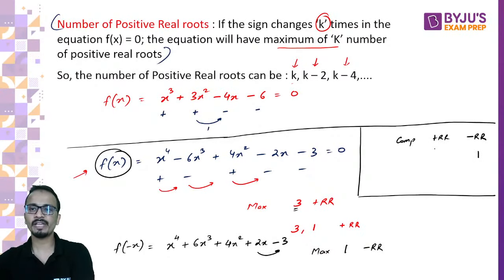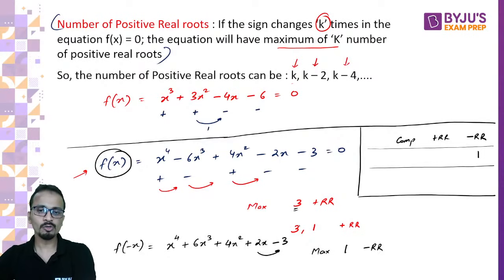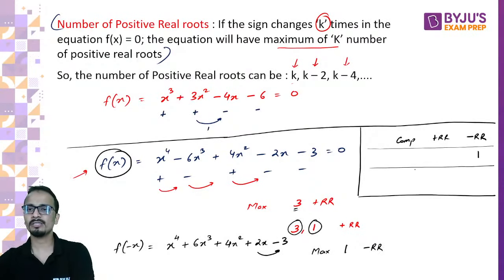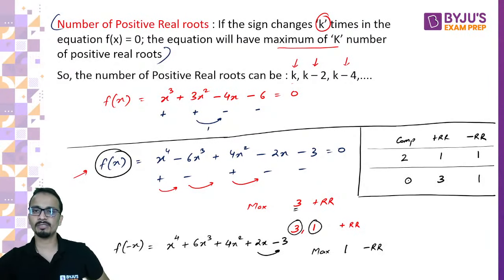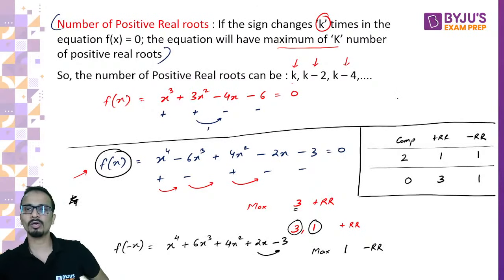So if the number of negative real roots is 1, then the number of positive real roots can be either 3 or 1. If I take the number of positive real roots as 1, then the number of complex roots will be 2. In the other case, if the number of negative real roots is 1 and I take the number of positive real roots as 3, the number of complex roots will become 0, because this equation will have a total of 4 roots.